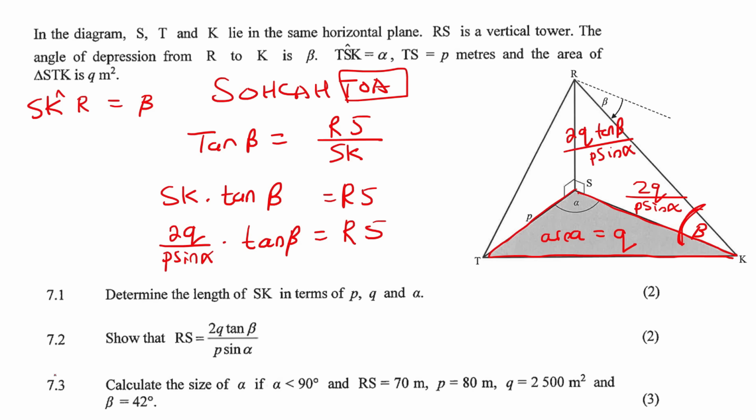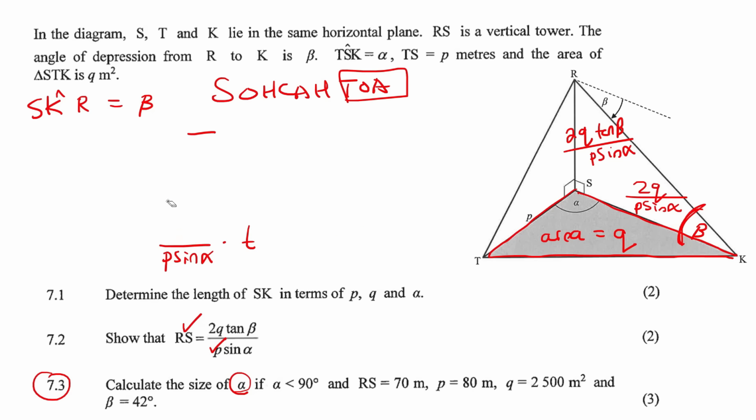Now this one says calculate the size of alpha if alpha is less than 90, RS is 70. So we have RS, we have P, and we have Q, the area of Q. I think it's not a difficult one, it's just a bunch of substituting.